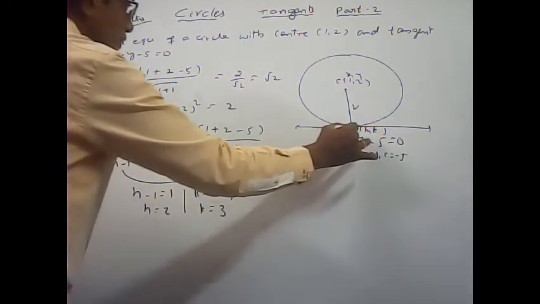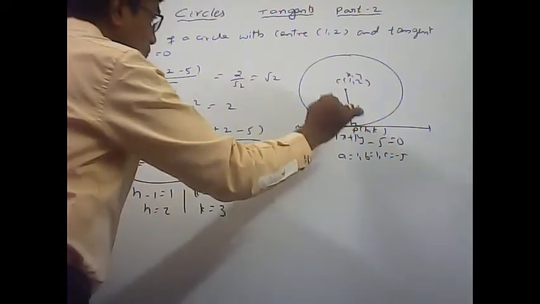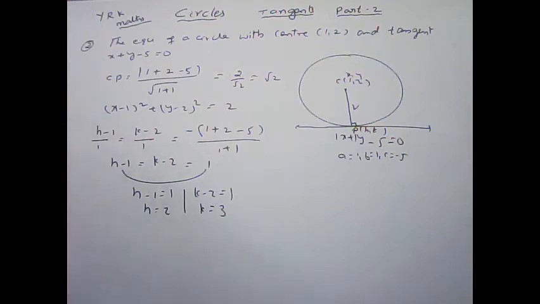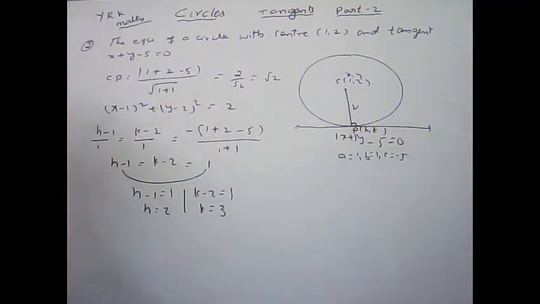So (2, 3) is the foot of the perpendicular from the center on this line, and that foot of the perpendicular we call the point of contact. If a tangent touches the circle at some particular point, how to get the point of contact? We have to find the foot of the perpendicular from the center to that line.